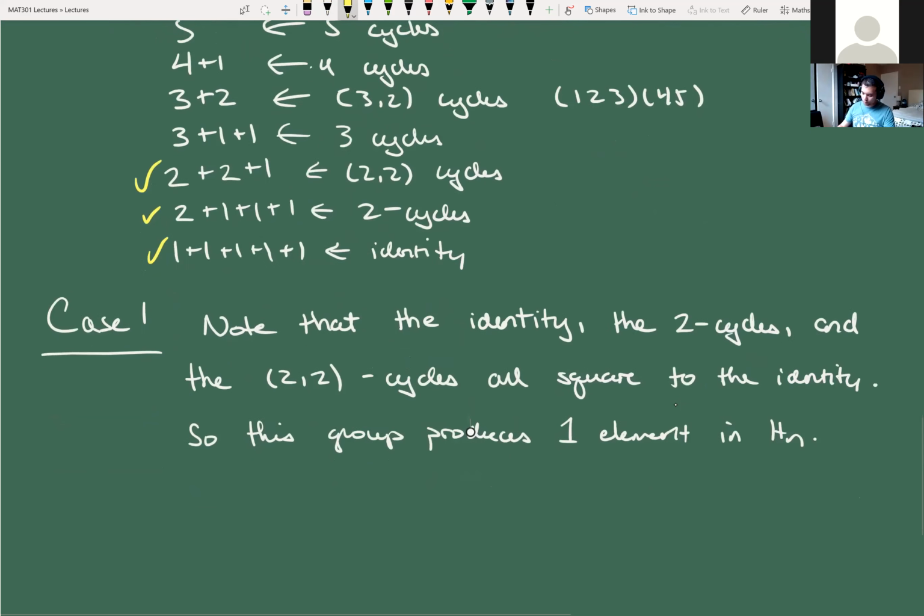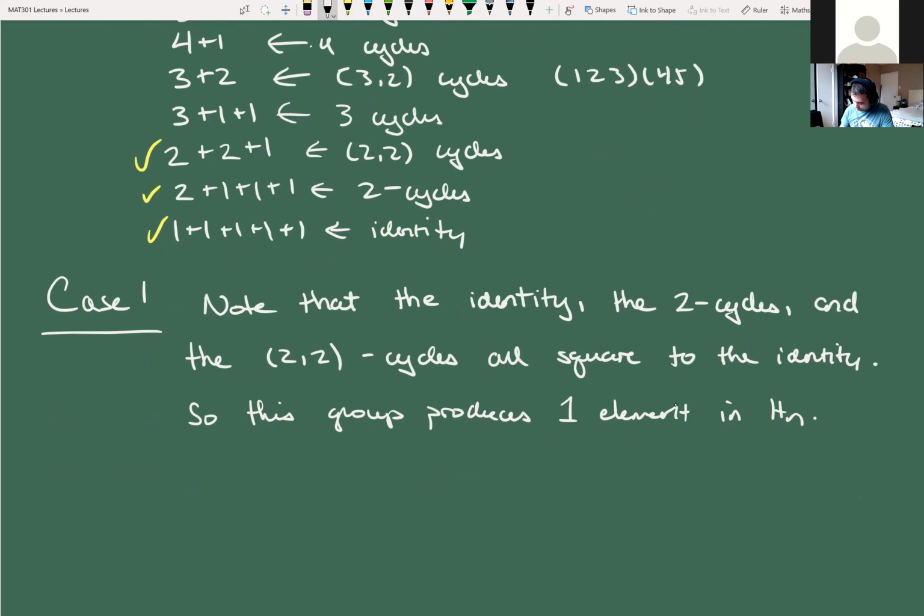Okay, let's do 3 cycles. So 3 cycles look like (A1 A2 A3). And if I square this, what do I get? Exactly, sure. Yeah, let me write that a slightly different way.